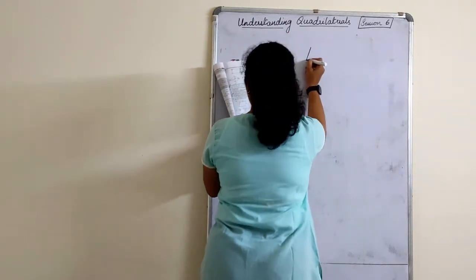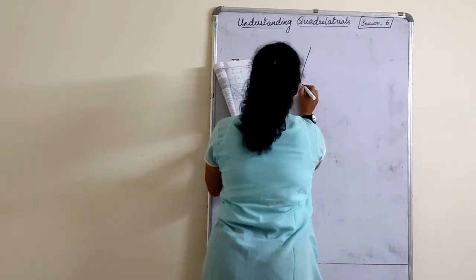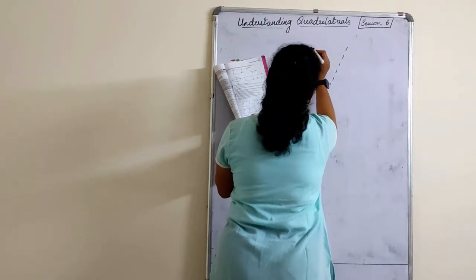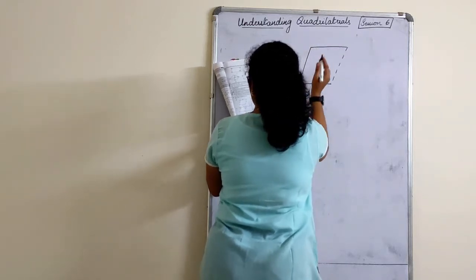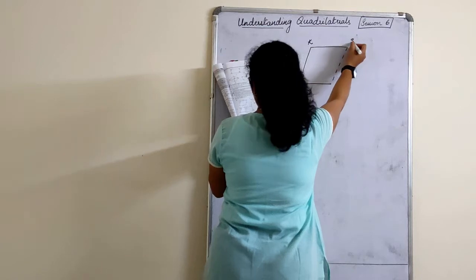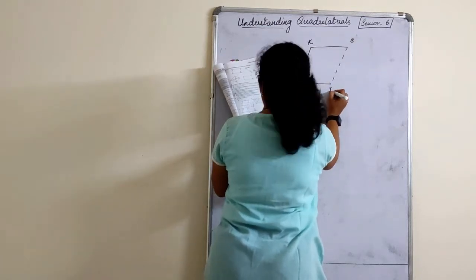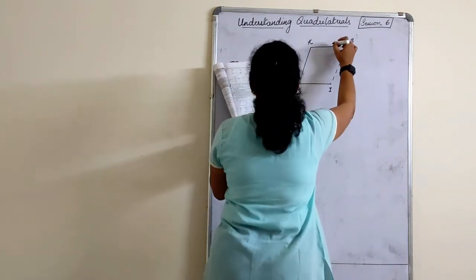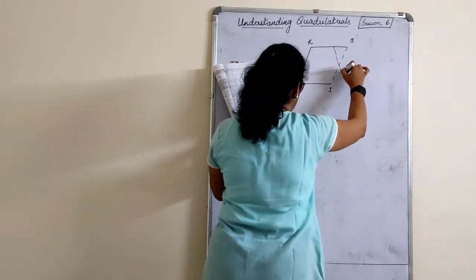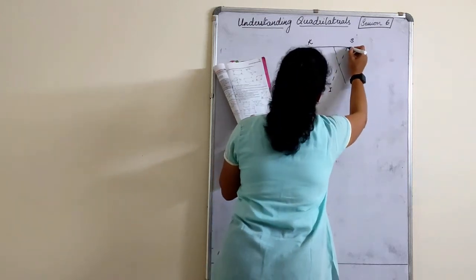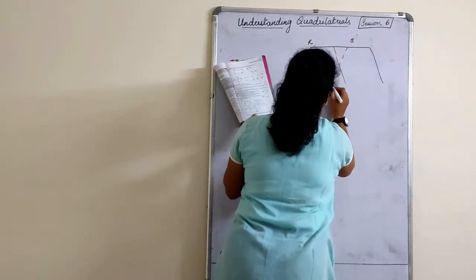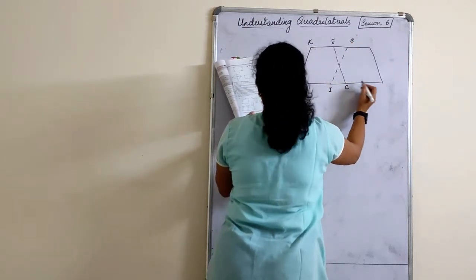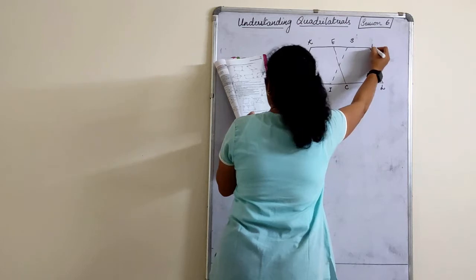See, look at the way I am drawing a parallelogram first of all. So, this goes with a dotted line. This parallelogram is KSIR. And the next parallelogram I am drawing is ECLU.